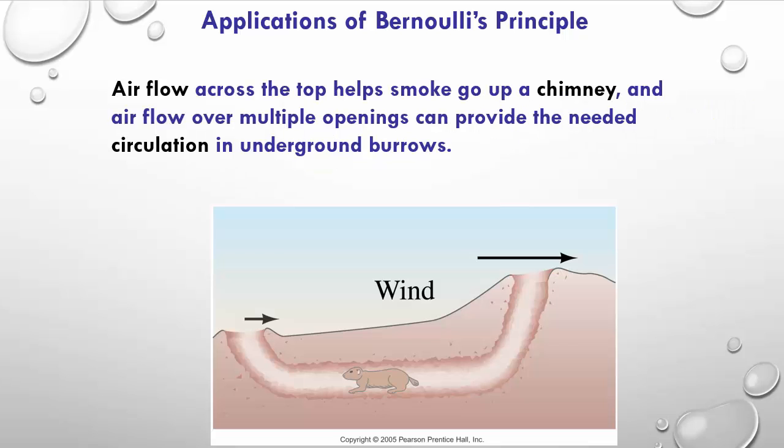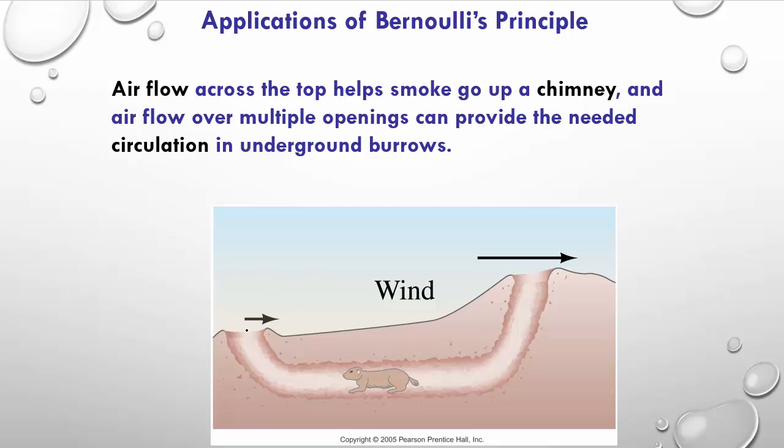One last application. Animals often have two holes to their burrows, and I think one of the reasons obviously is to escape anything that comes down in there, but another reason is if they spend a lot of time down in this burrow, and if there were only one opening, they would actually get depleted of oxygen down there.